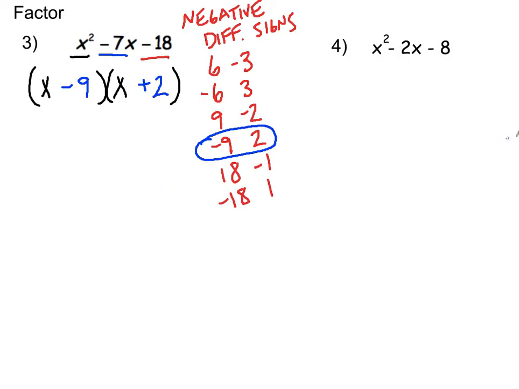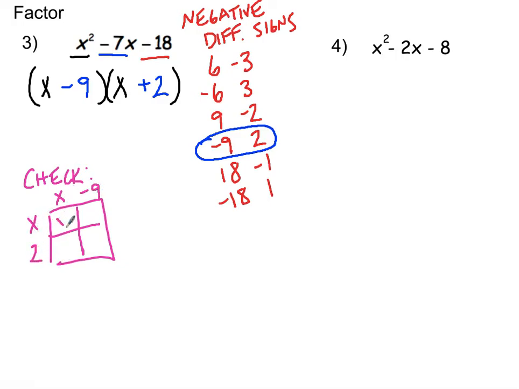And again, if you ever want to check your answers, you certainly can. So let's say we were going to multiply those together and we were going to do that box method that we've done in the past. Let's just make sure it all works out. So x times x was x squared, negative 9 times x, and then a 2 times x, and a 2 times negative 9.